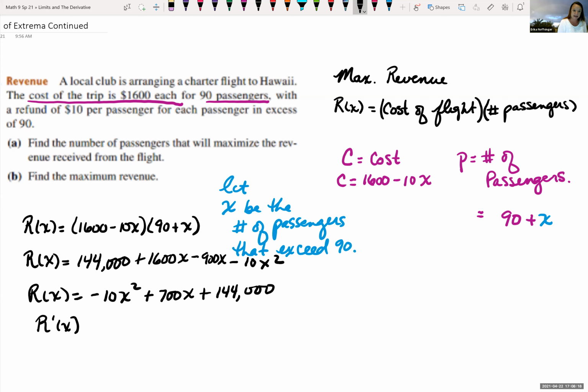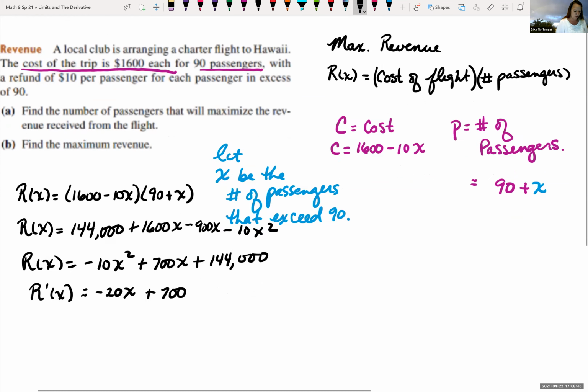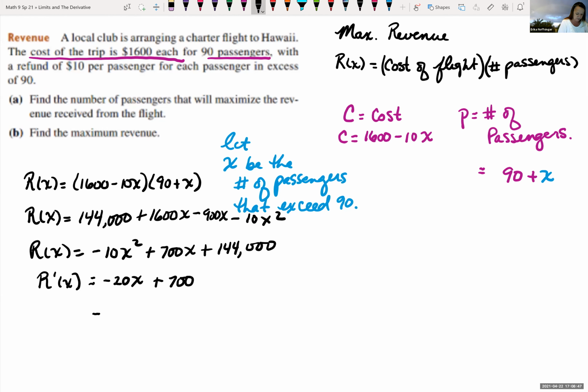So we're trying to maximize this, and we can find where the maximum value occurs by taking the derivative and finding our critical numbers, by setting the derivative equal to 0. Taking the derivative of negative 10X squared, we get negative 20X, plus the derivative of 700X gives us 700. We're looking at when this is equal to 0.